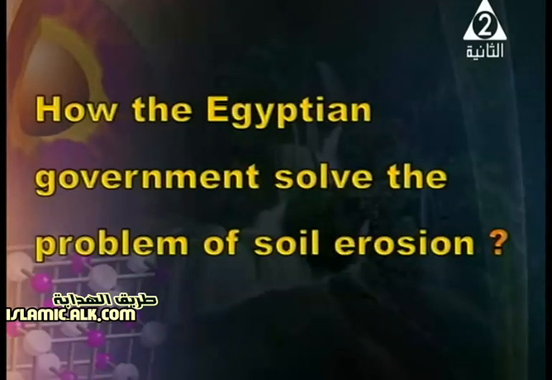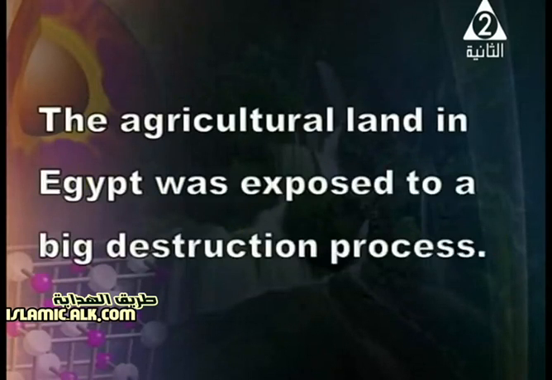Now let's go to the next question: how did the Egyptian government solve the problem of soil erosion? The agricultural land in Egypt was exposed to a big destruction process.